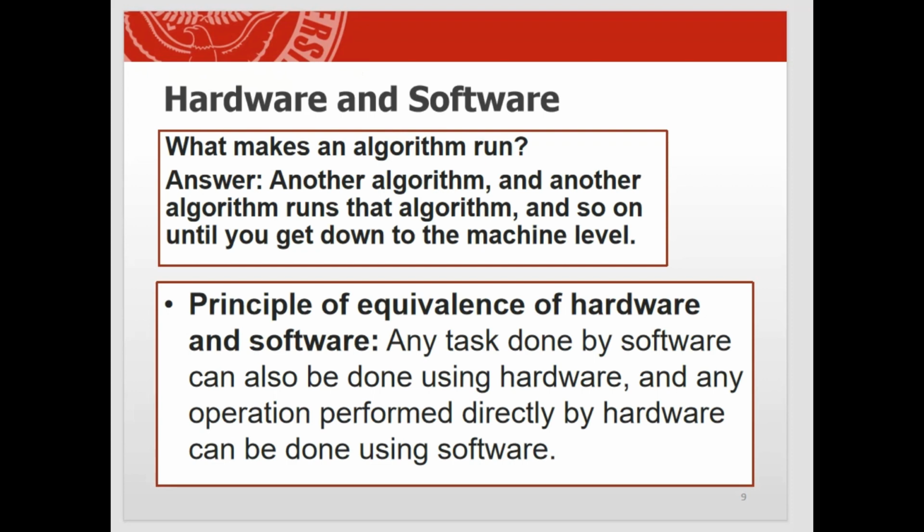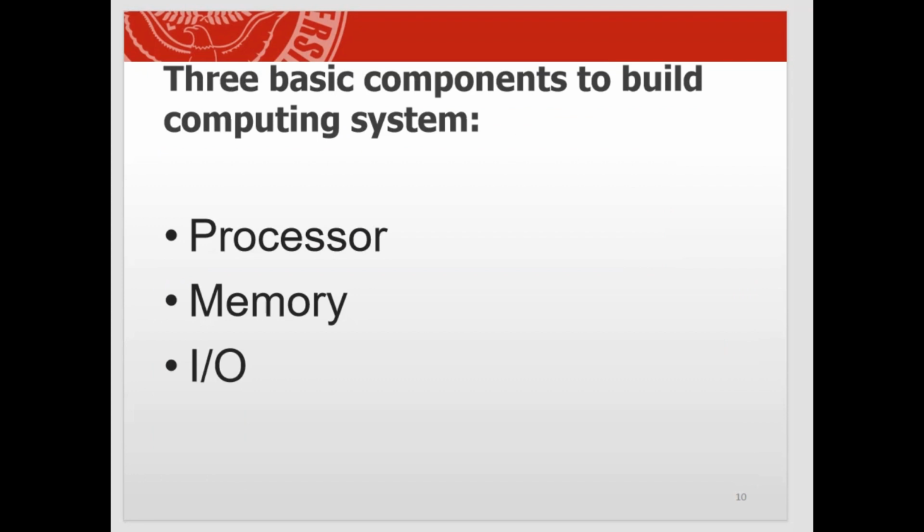That's why we'll begin our discussion of computer hardware by looking at the components necessary to build a computer system. At the most basic level, a computer is a device. Okay, let's start with a computer is a device that consists of three pieces. So we have the processor, which is also known as the central processing unit or CPU.